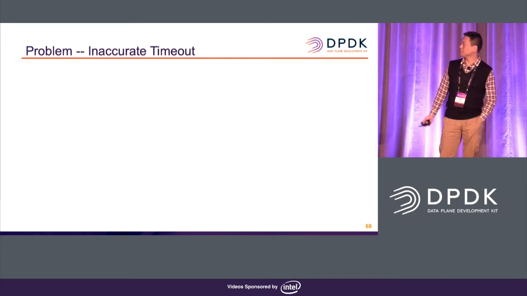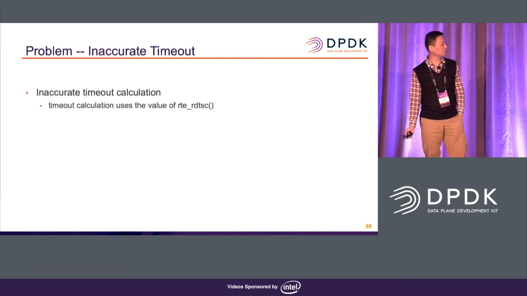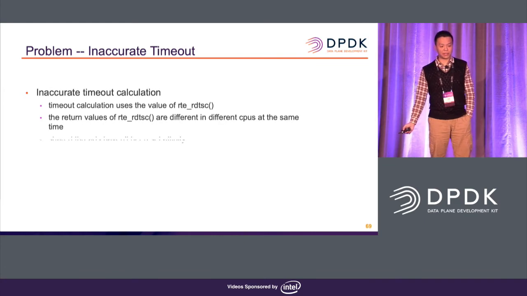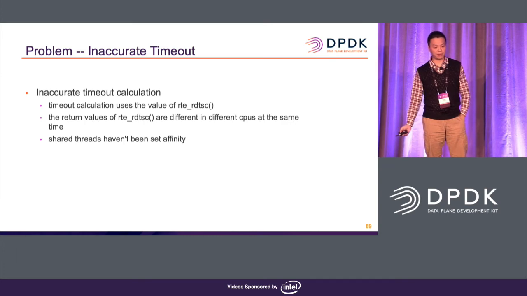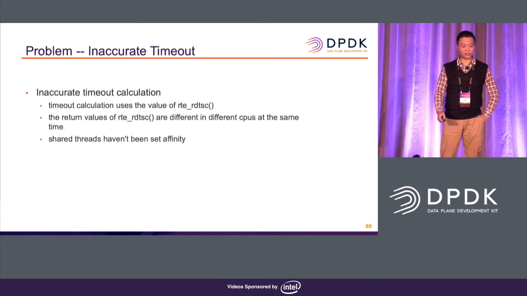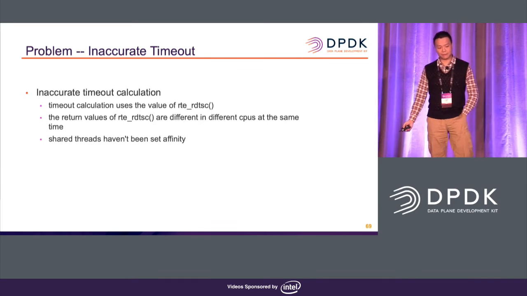Now, another problem is inaccurate timeout calculation. For the timeout calculation, we used the value of RDTSC. The return values of RDTSC are different on different CPUs at the same time. And just as I mentioned before, some of the threads are shared, not dedicated, and not set with affinity.